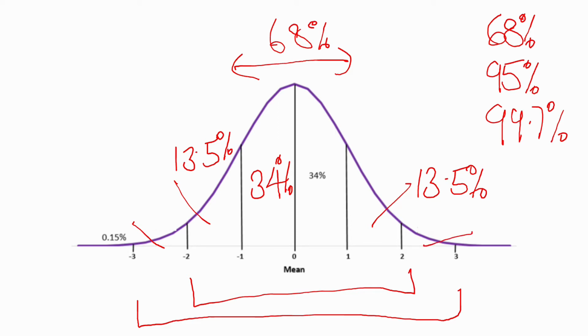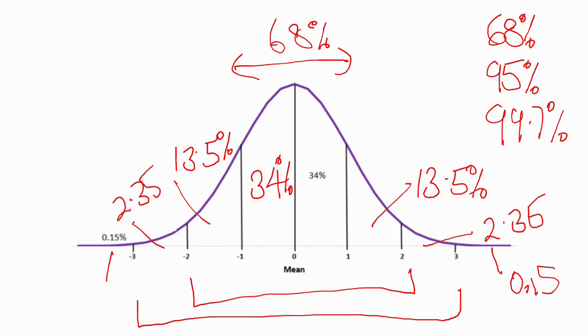So half of 4.7 is 2.35. So each of these are 2.35. And if we divide the remaining 0.3%, each of these bits here are 0.15.